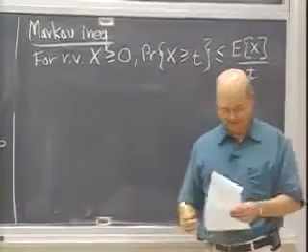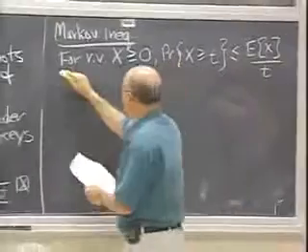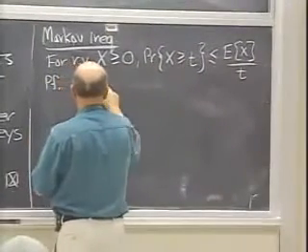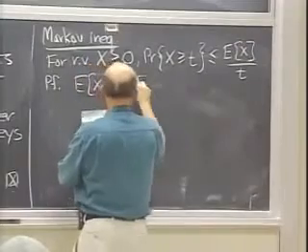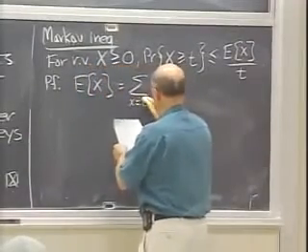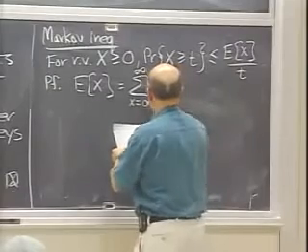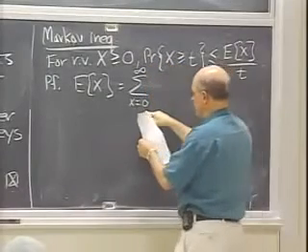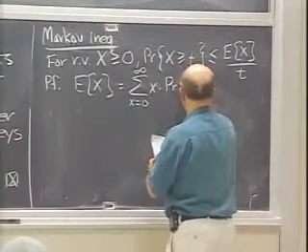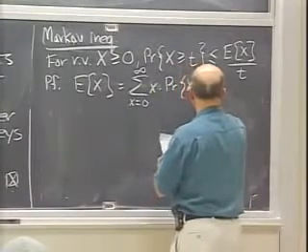Couldn't happen. And the proof follows directly from the definition of expectation. I'm doing this for a discrete random variable. So the expectation by definition is just the sum, as little x goes from 0 to infinity, of x times the probability that my random variable takes on the value x.